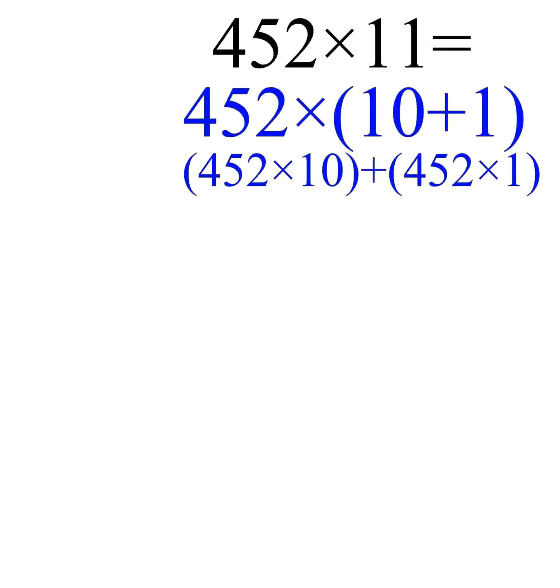And the left parenthesis would be equal to this, 4520, and the right one to this. Now, let's add it vertically. Okay, like this.